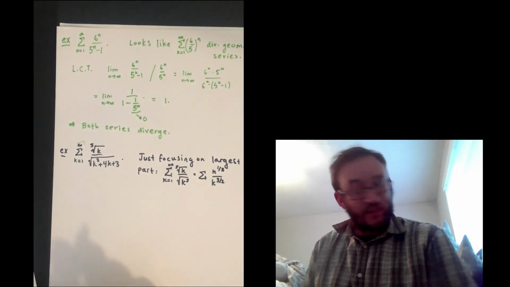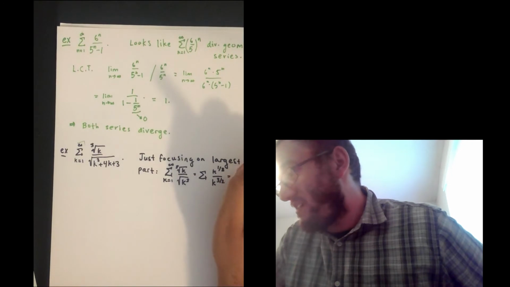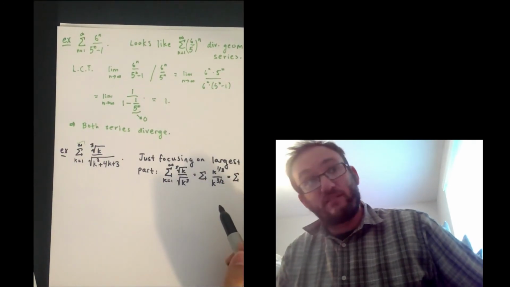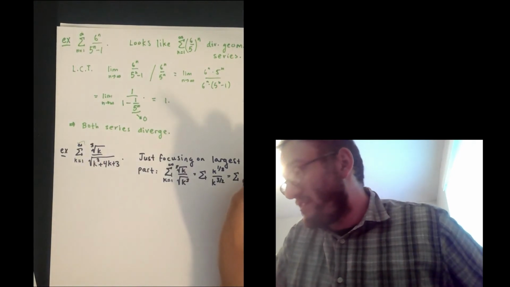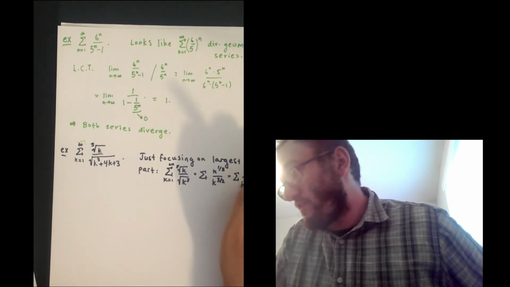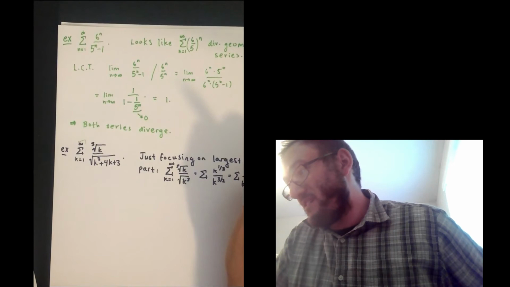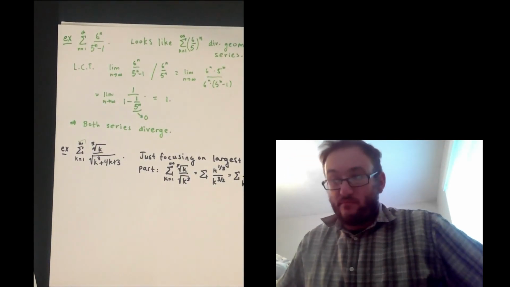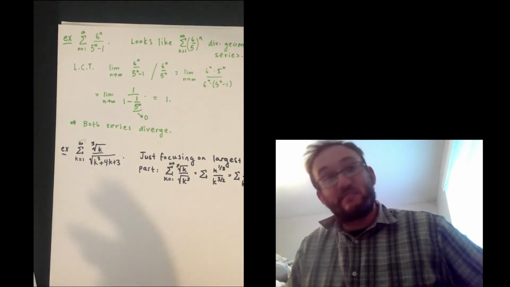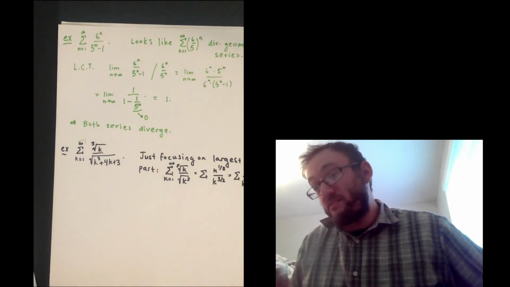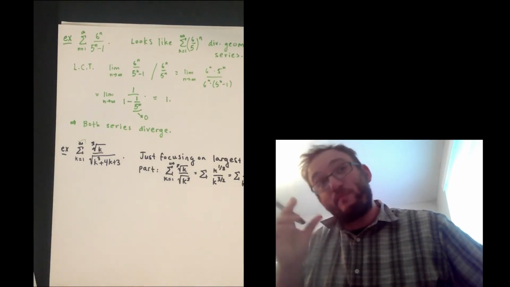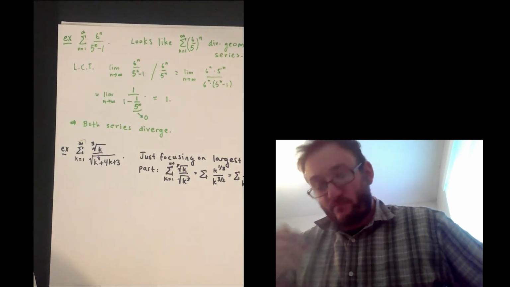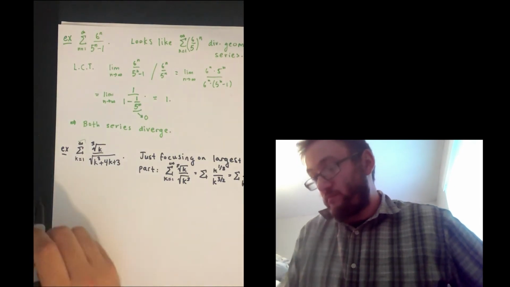And when you have an expression like that, you can subtract the exponents, and what you'll end up with is the sum of 1 over k to the 7/6. And that's the series that I expect I'll be doing the limit comparison test with, because that's what the biggest parts of the series indicate the behavior will be.